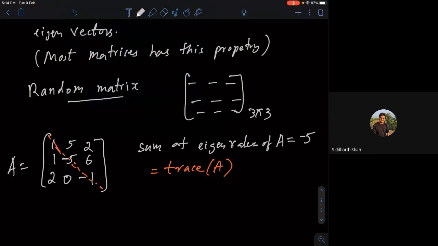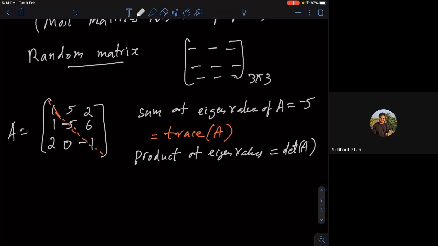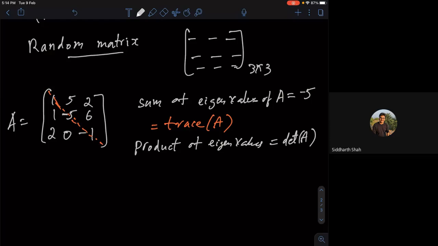We also said another property, that the product of the eigenvalues is equal to the determinant of it. Okay, right. We said this.